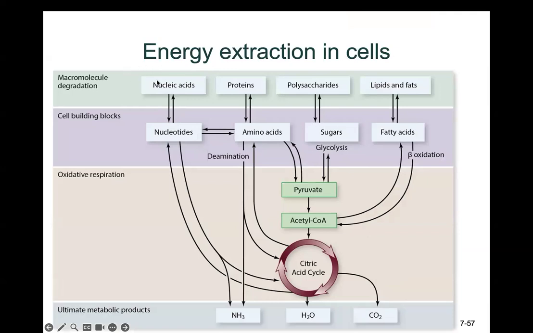Here you have the macromolecules that we studied: nucleic acids, proteins, polysaccharides, lipids, and fats. We break them down into their monomers, be it nucleotides, amino acids, sugars, fatty acids. All of these can technically be broken down or converted into pyruvate, acetyl-CoA, going into your citric acid cycle.